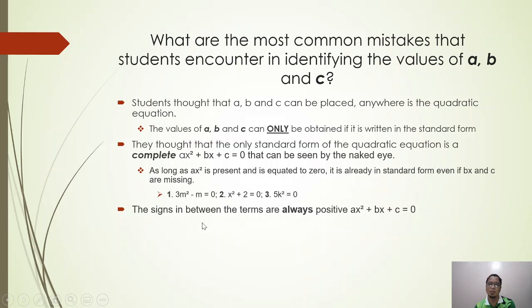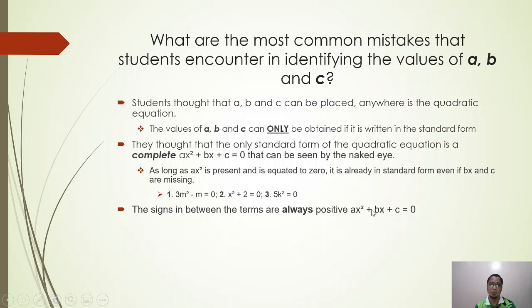Let's move on. Ano pa ba yung pagkakamaling na-encounter ng mga bata? The signs in between the terms are always positive. Ax squared plus bx plus c equals 0. Dahil nga ito yung standard form, ina-assume na po nung lahat ng mga bata na nakita namin, nagkakamali na positive dapat yung nasa pagitan.